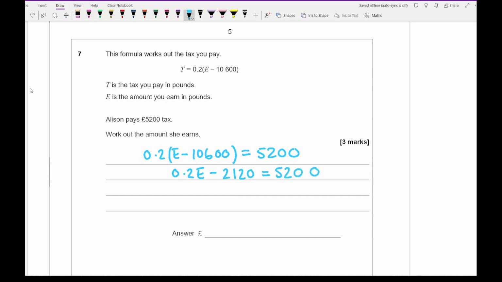Then we simply add this over to the other side, so we get 0.2e equals 7320, and then we simply divide by 0.2, giving us an answer of 36,600, and there we go.